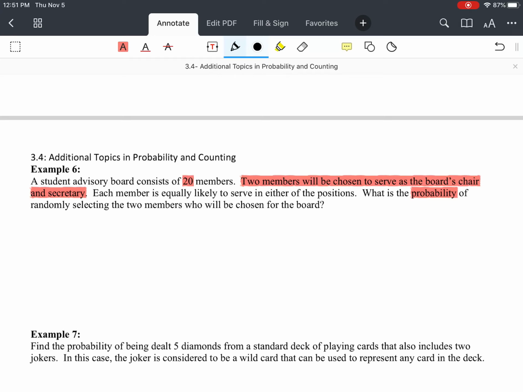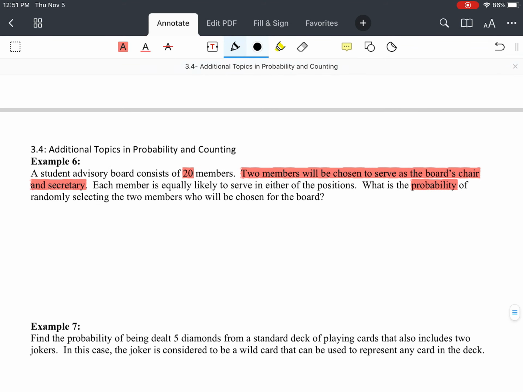Okay, so the way we're going to do this is we're going to first of all find how many possible outcomes we have. To do that, order does matter, so we're using permutation. So this would be 20 members choosing 2.